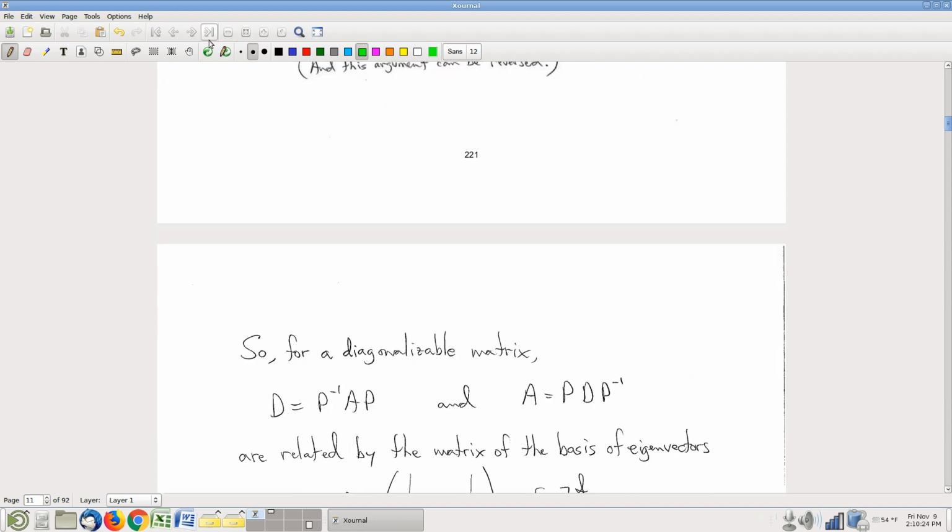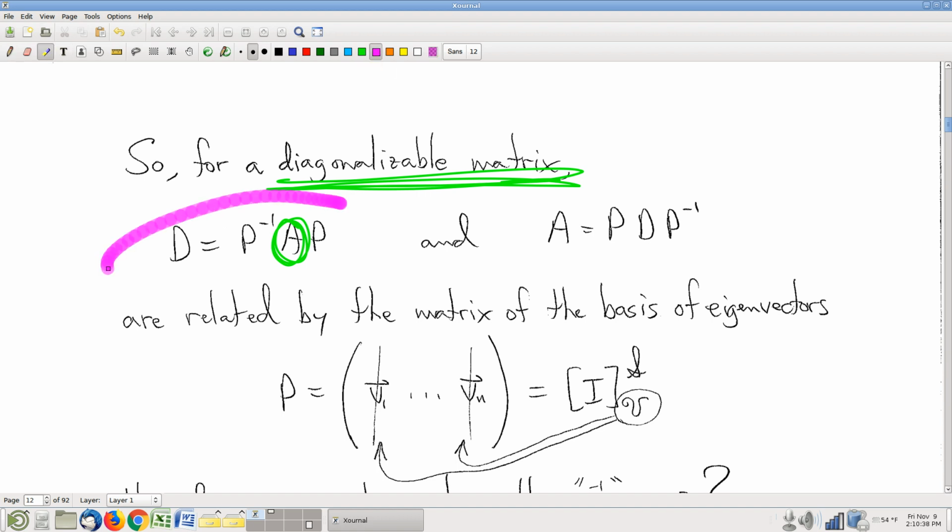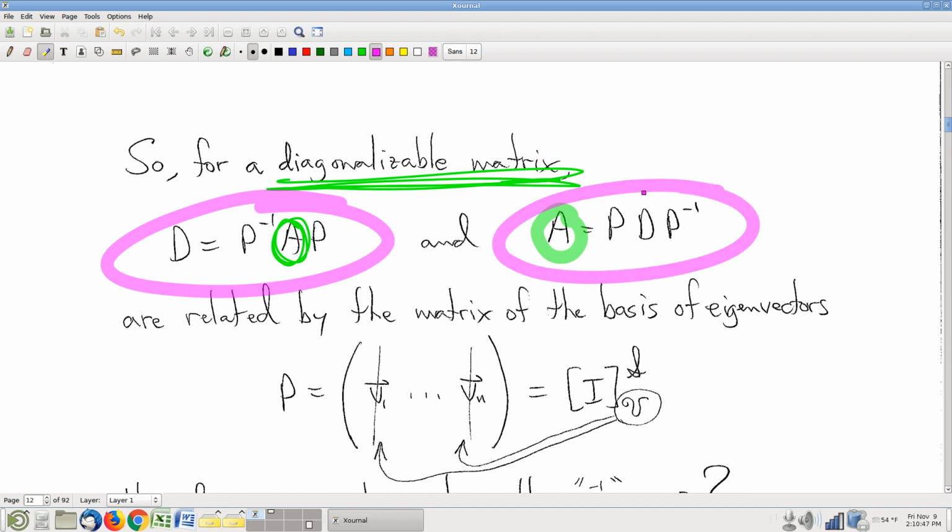Okay, so here's a summary page. Here's what diagonalizability looks like. Remember, diagonalizable means conjugate to a diagonal matrix, and you can see that in either of these two ways.